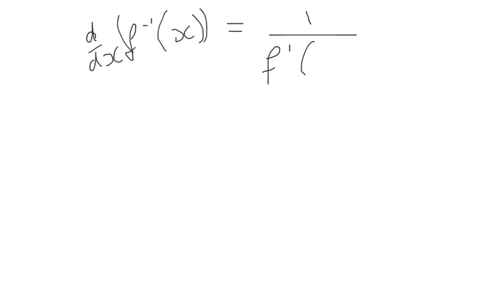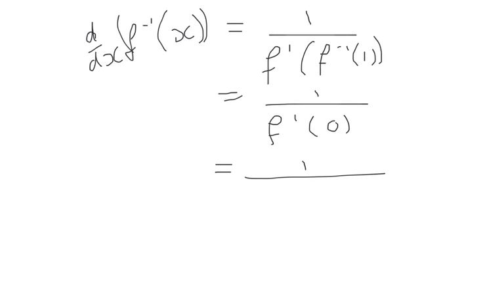The derivative of the inverse of x equals 1 over f dashed inverse x of 1. So it's 1 over f dashed of 0. So we're putting the derivative here, and the derivative was 3x squared plus e to the x.